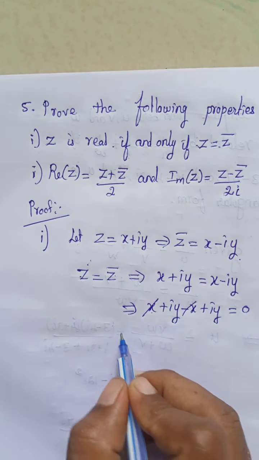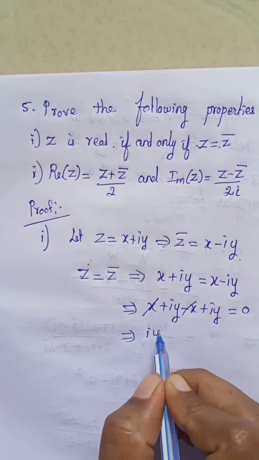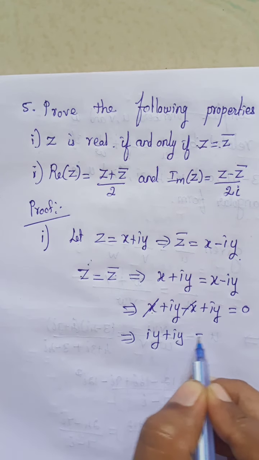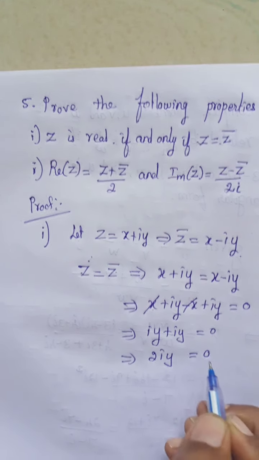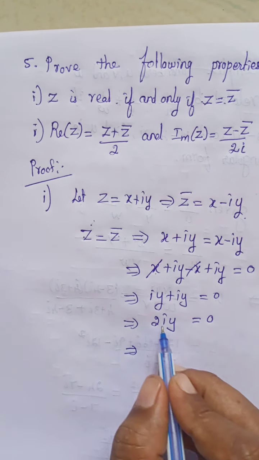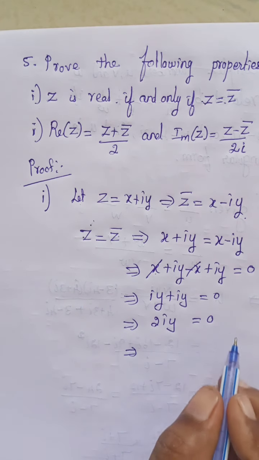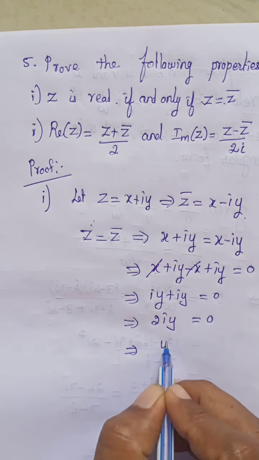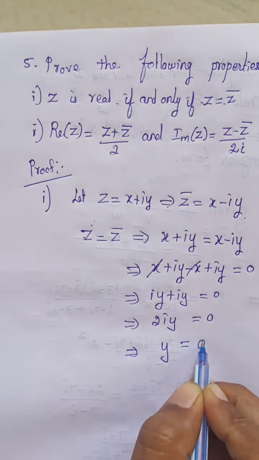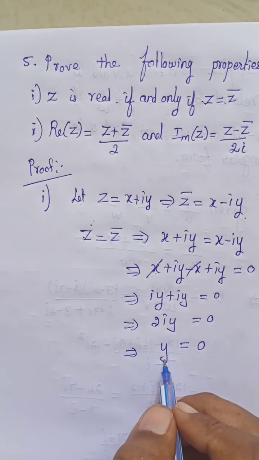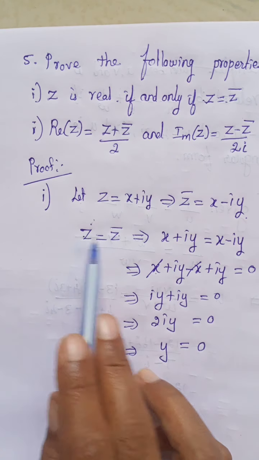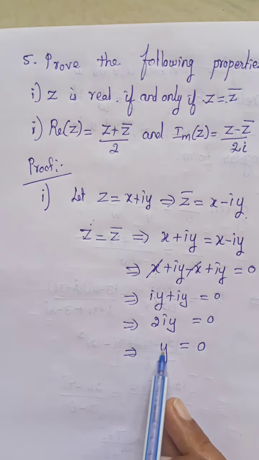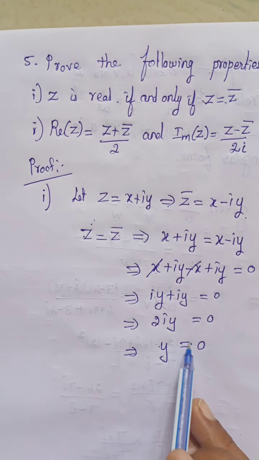See, x and minus x will get cancelled. This is iy plus iy is equal to 0, or 2iy is equal to 0. Which implies 2 cannot be equal to 0, i also cannot be equal to 0. So the only possible is y equal to 0. Y is the imaginary part, isn't it? So when we are getting Z equal to Z bar, the imaginary part will become 0.